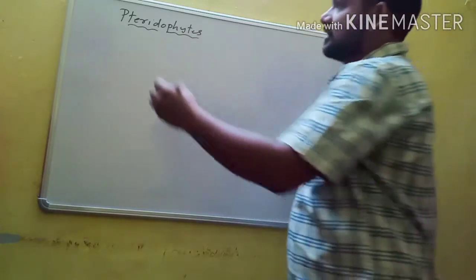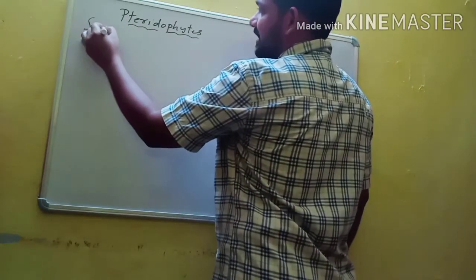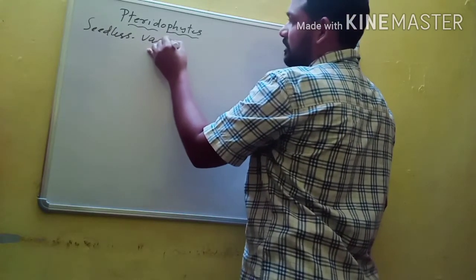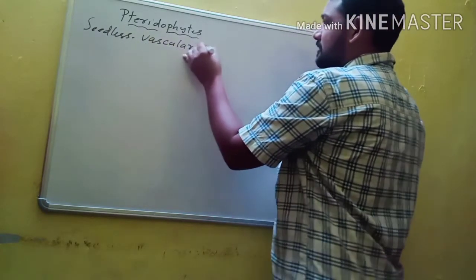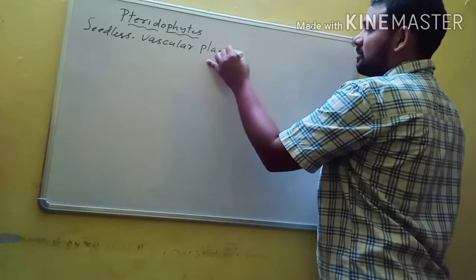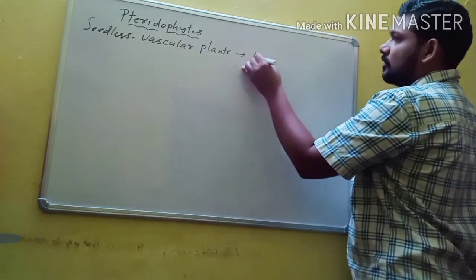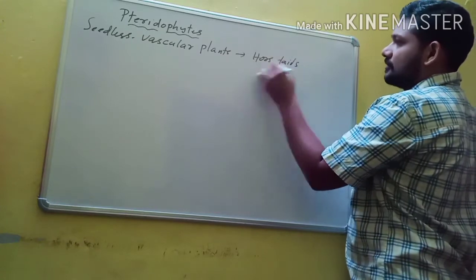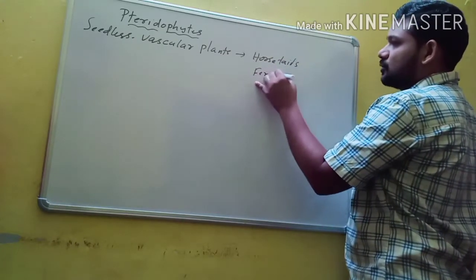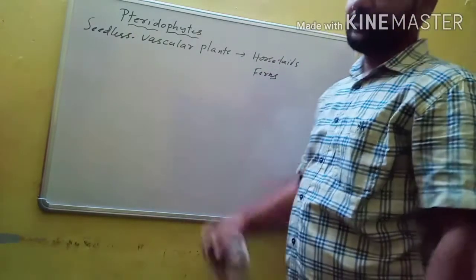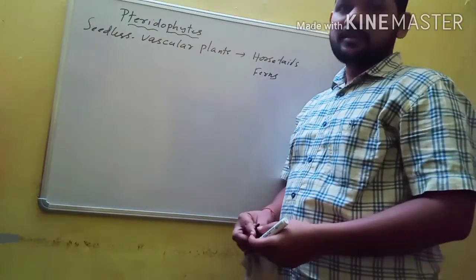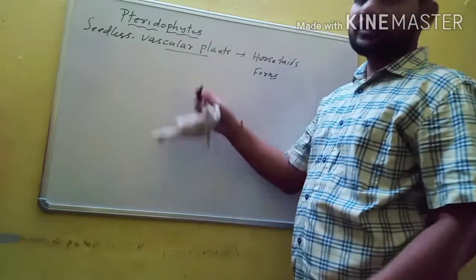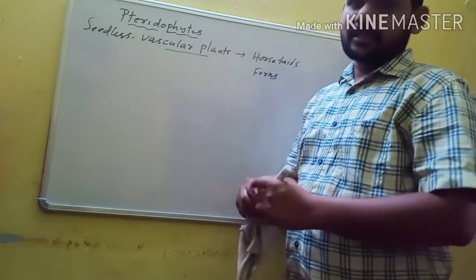Pteridophytes are seedless vascular plants, including horsetails and ferns. So these are the two important classes of pteridophytes. They do not produce seeds, but they are vascular plants. That means they possess vascular tissues like xylem and phloem.